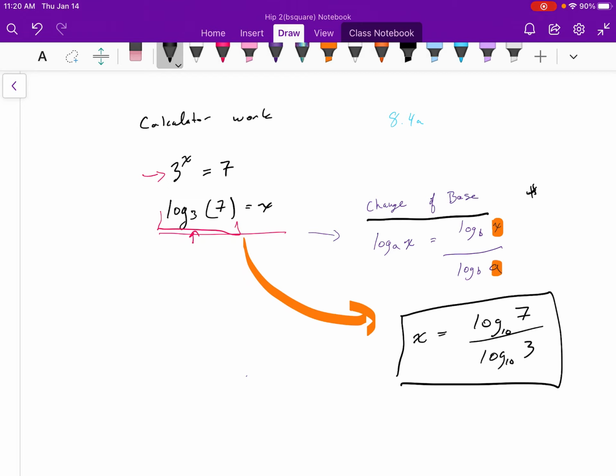I'm going to solve this using base 10 alone. So here, I'm going to have another go at this question. Suppose that we have 3 to the power of x is equal to 7. What I'm going to do is take natural logs of both sides.